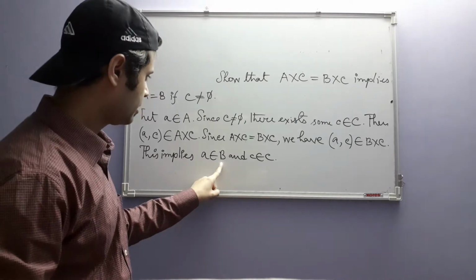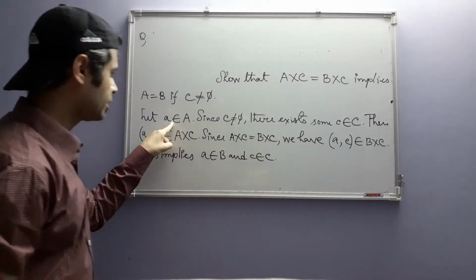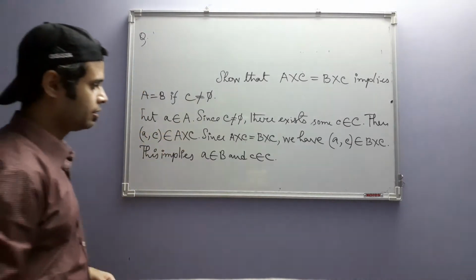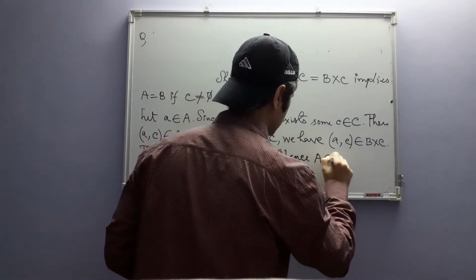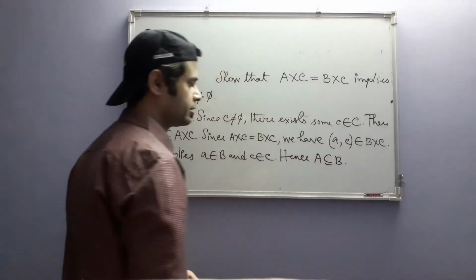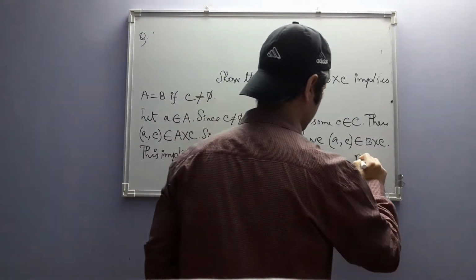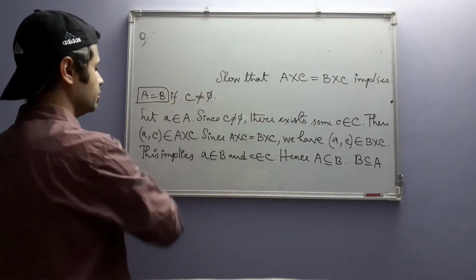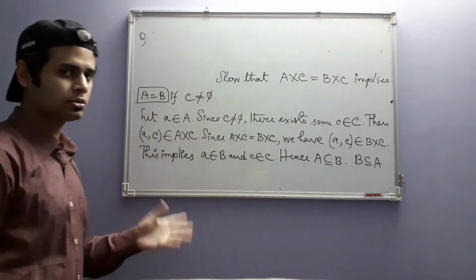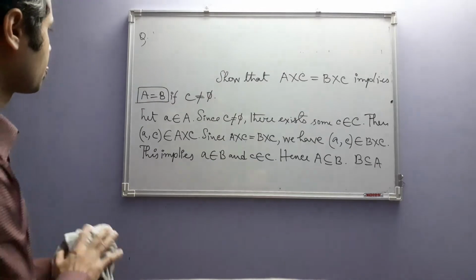We have shown that a belongs to B, having chosen that a is an element of A. Hence, A is a subset of B, and the rest is same. Similarly, you can show that B is a subset of A, and so A is equal to B. So this completes the solution to this problem.